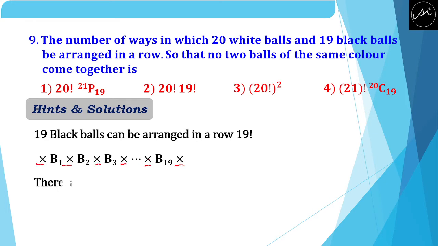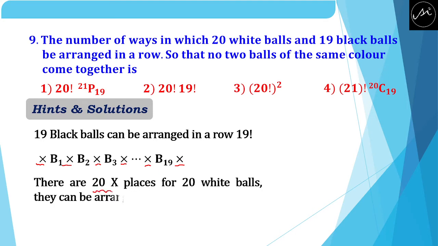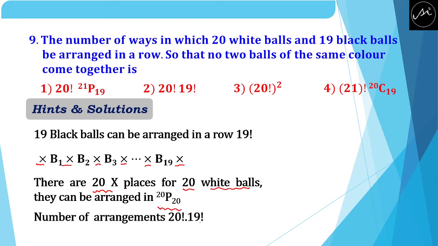Okay, so there are 20 places for 20 white balls, so they can be arranged in 20p20. So 20p20 is nothing but 20 factorial, and 19 black balls means 19 factorial. So 20 factorial into 19 factorial will be the required answer. Okay, so option 2 will be the right answer.